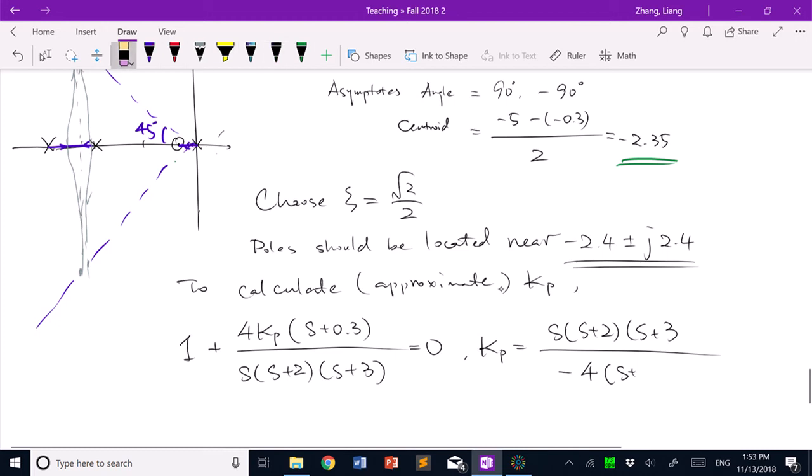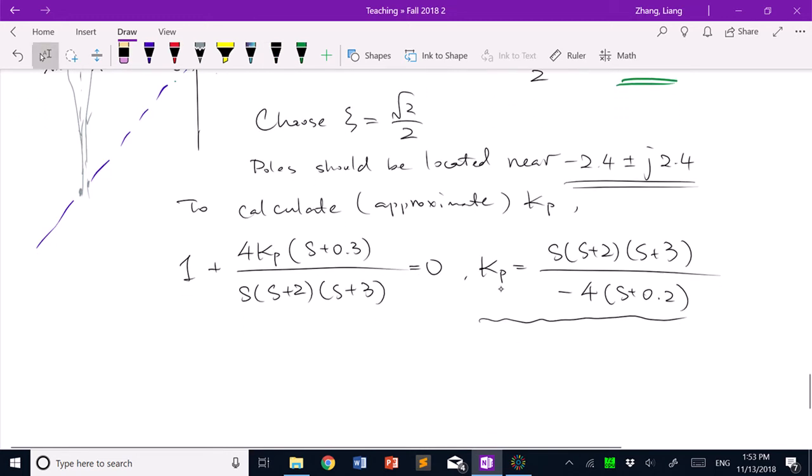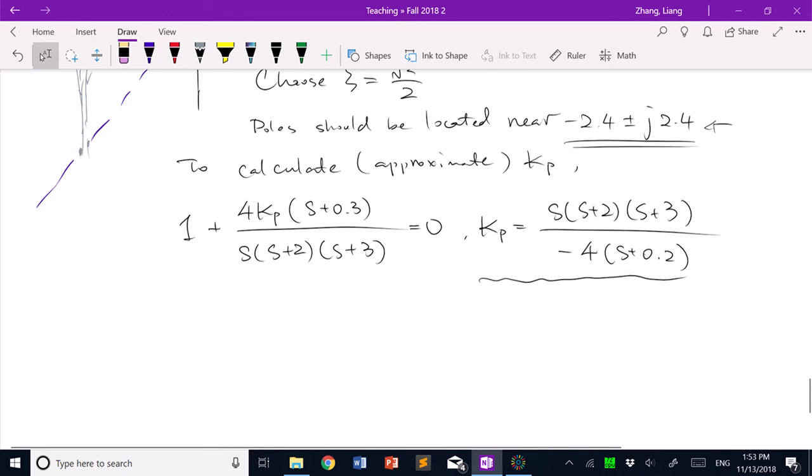This is 0.3. So as I mentioned, if you have the exact location of the poles, you plug that into this Kp equation, K will be absolutely a real number. But if you're going to put in an approximate location, Kp calculated from this equation may not be real.